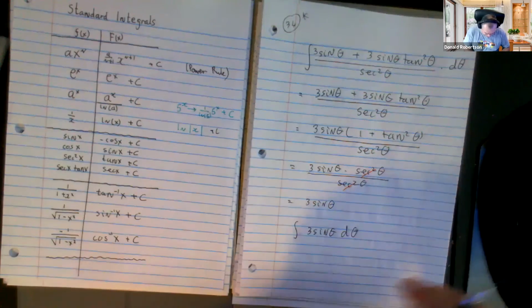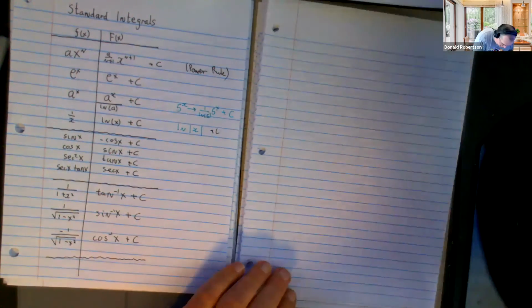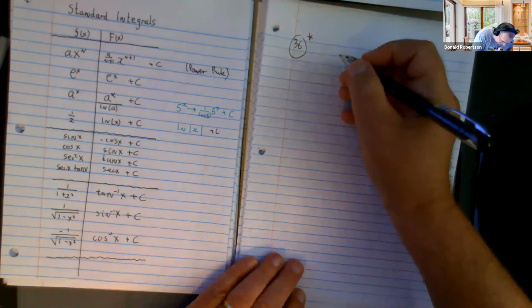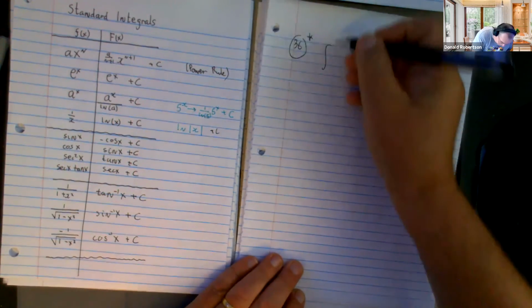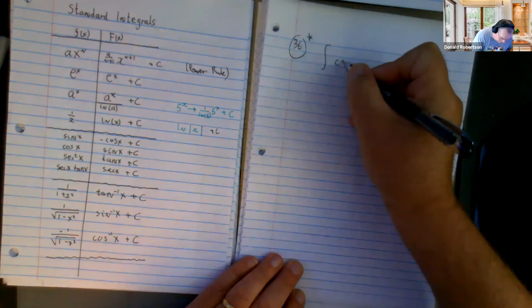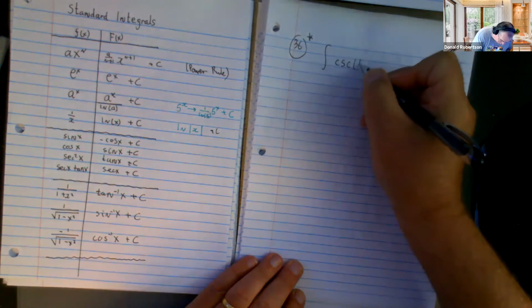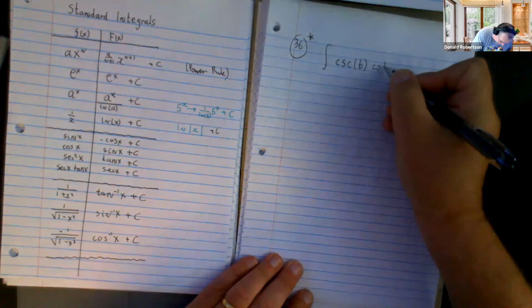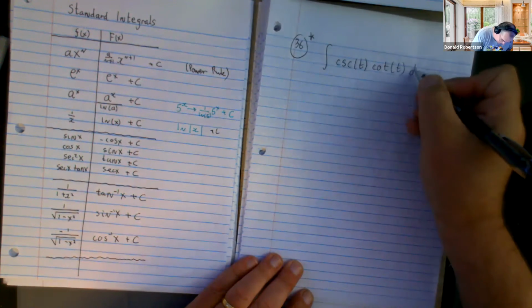How about this one? Version of 36. The only difference is they put numbers on it, but I'm just skipping those out. The integral of cosecant t cotangent t dt.